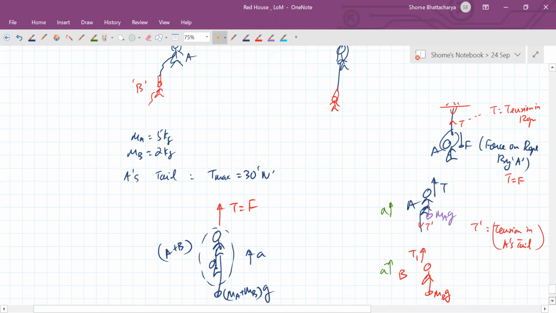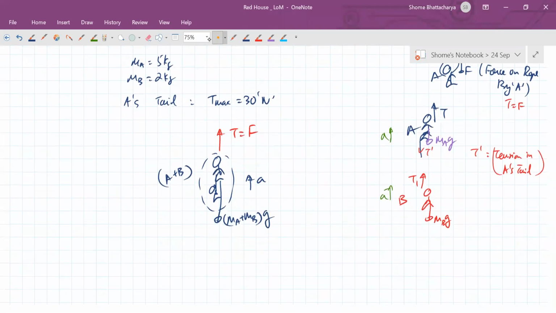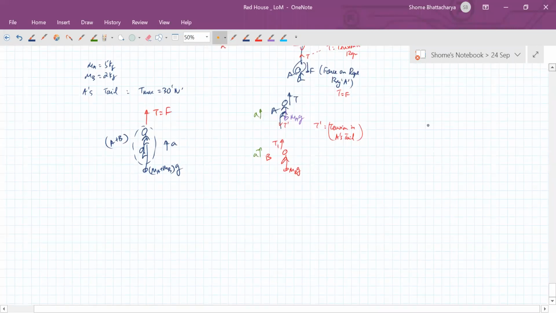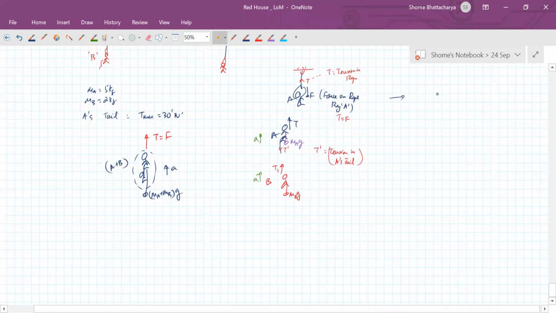So whether we write the individual equations for A and B, everything is in ground frame here, so don't worry about non-inertial frame. So whether we write the individual equations, which for this guy will be T minus weight minus T prime is equal to mass into acceleration, and for this guy it will be T prime.